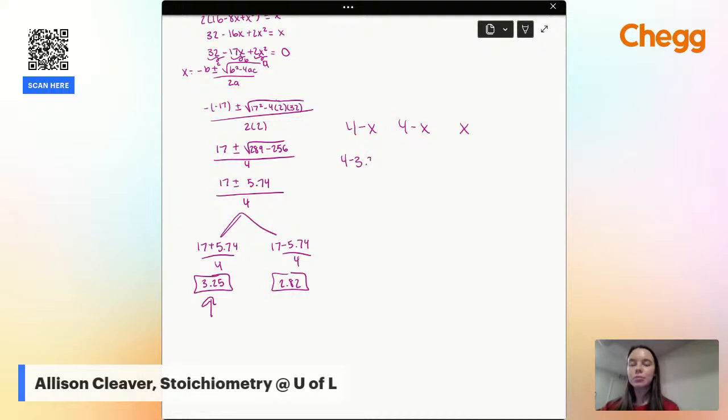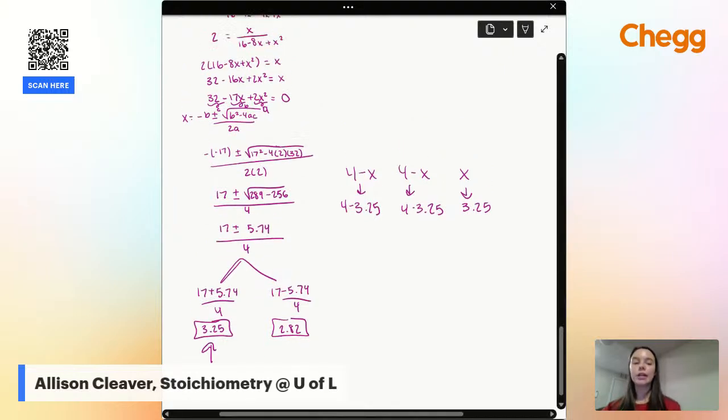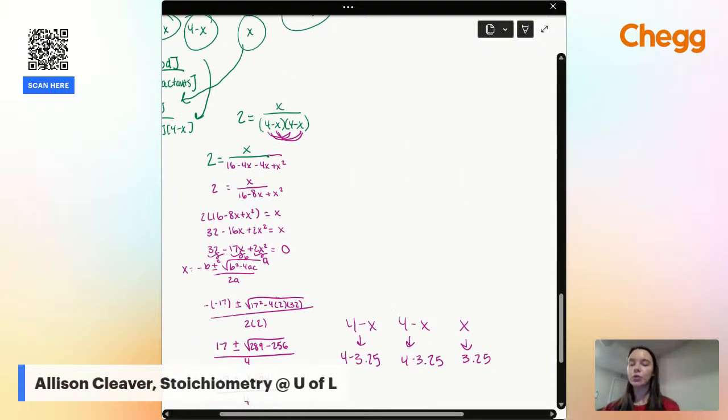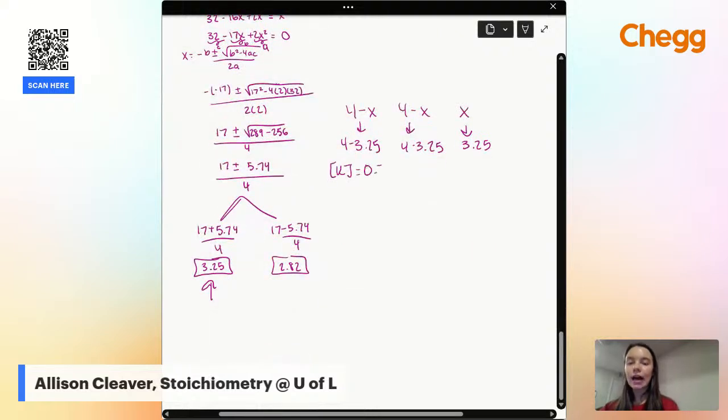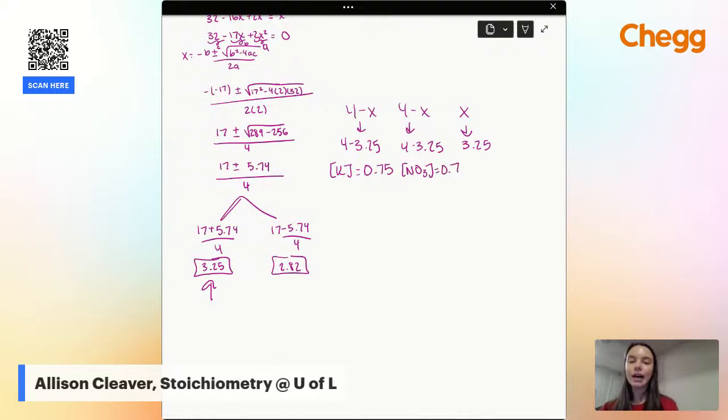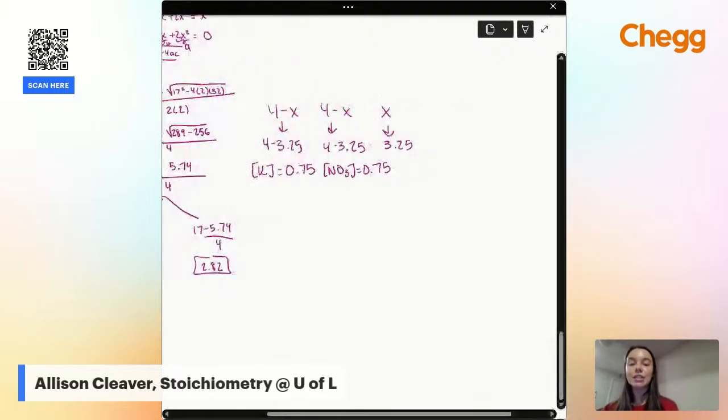So 4 minus 3.25, 4 minus 3.25, and 3.25. So we are going to plug all of that into our calculator. We are going to get the concentrations for K is 0.75. Concentration for NO3 is 0.75. And the concentration for KNO3 is 3.25.